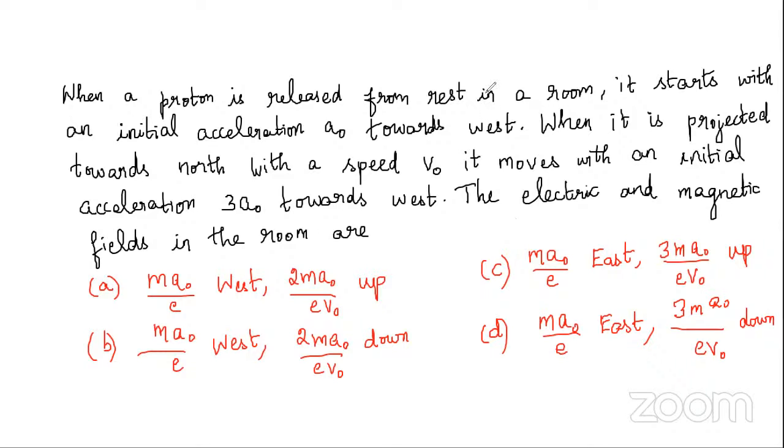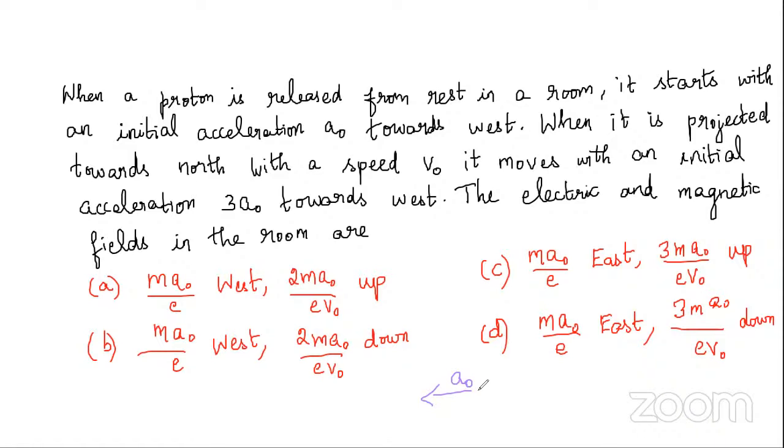Okay, let me tell you. Initially the proton is released from rest, but still it moves with an acceleration a naught towards west. So how did it get its acceleration?